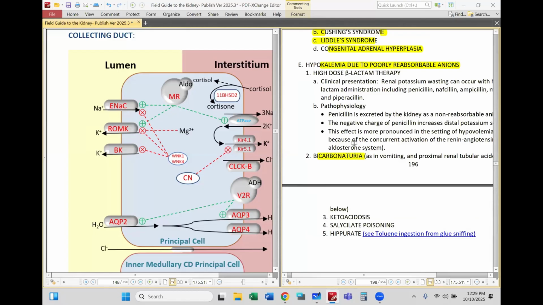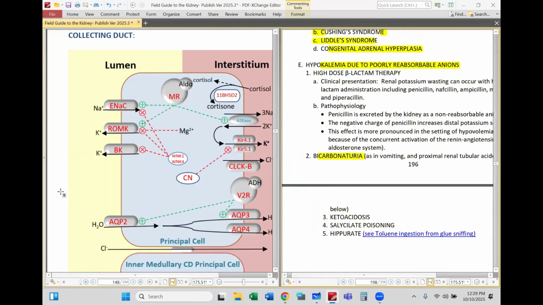And we explained that with patients with NG suction, it's not the gastrointestinal K loss that causes hypokalemia in NG suction. It's the metabolic alkalosis and the filtered bicarbonate that obligates urinary K loss.